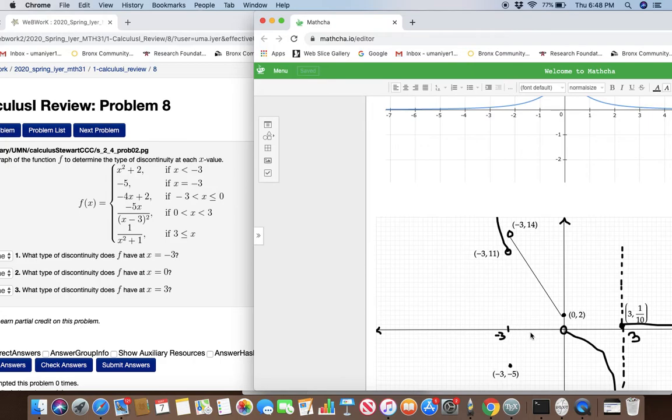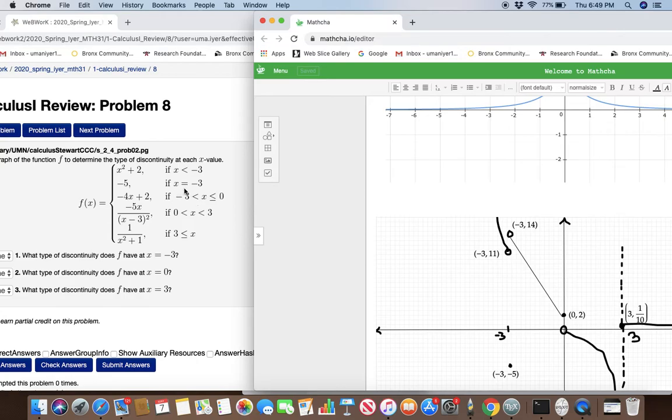What happens to the right of -3? To the right of -3, I have to use this line until 0, including 0. So when x is 0, I get y-intercept 2. So from this point to this point, notice this is an open point. Why is this open? Look at that. -3 less than. Okay?